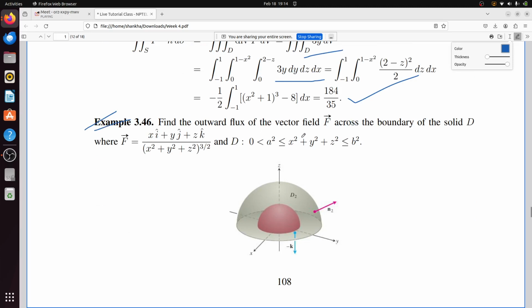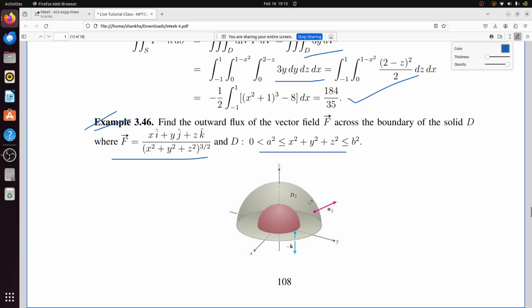Find the outward flux of the vector field F across the boundary of the solid. So here you have to compute, there are two spheres, and you have to determine the outward flux. So there are two fluxes.